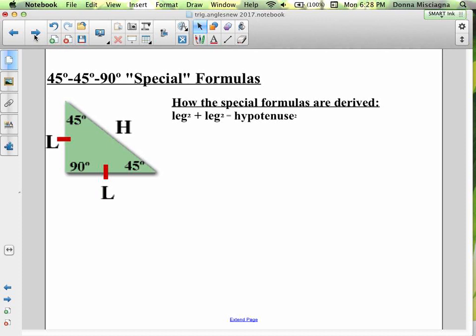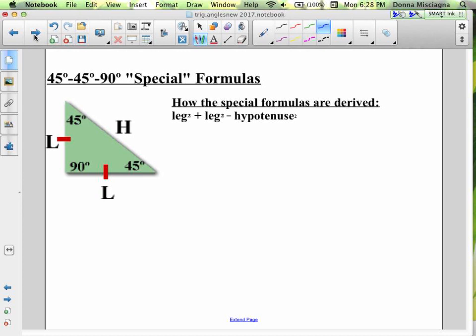All right, so there are two different triangles that have some special properties we're going to work with. The first one is the 45, 45, 90 special triangle. If it has two congruent angles, it has two congruent sides, the sides opposite those angles.